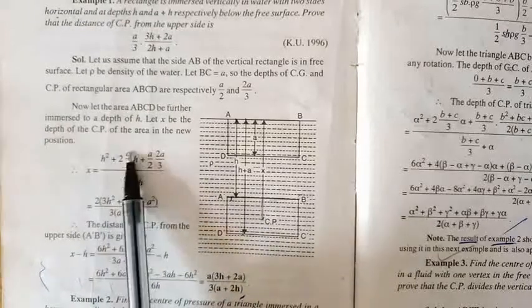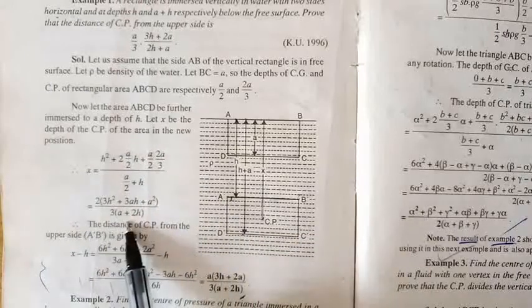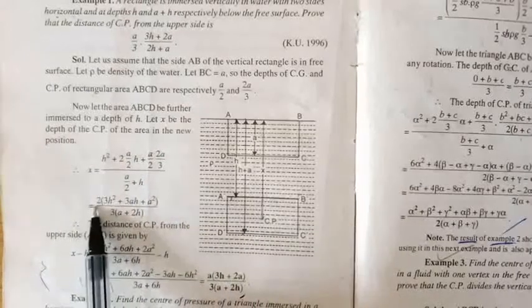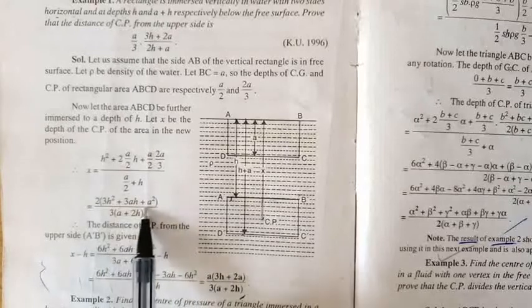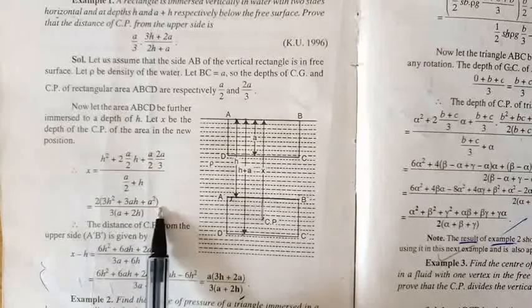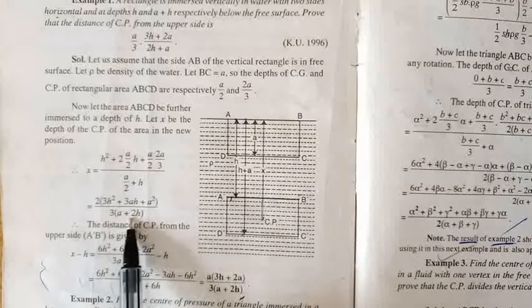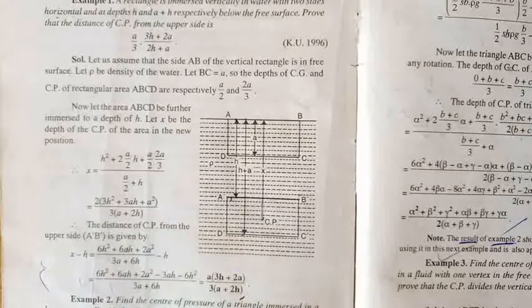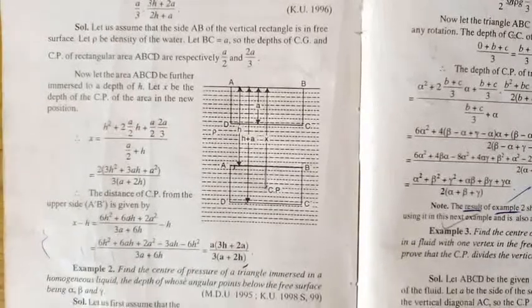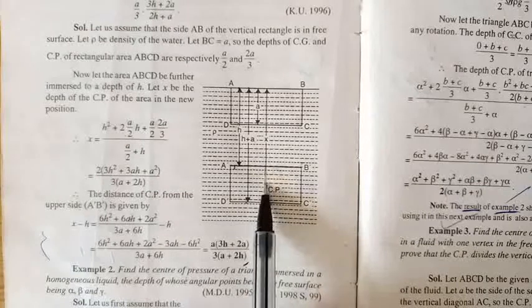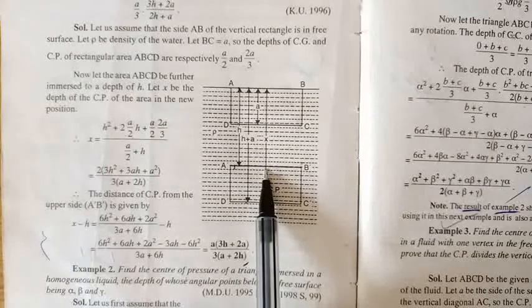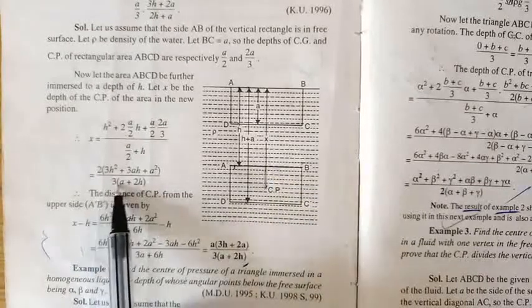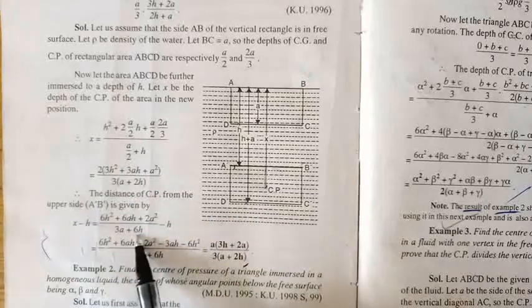Simplifying this term, we get the value of x, which is given by 2 into (3h square + 3ah + a square) upon 3 into (a + 2h). Now, because we are to find the distance of center of pressure from the upper side, which is this distance, and this is x minus h, and we have already obtained the value of x, so we can put the value of x here.